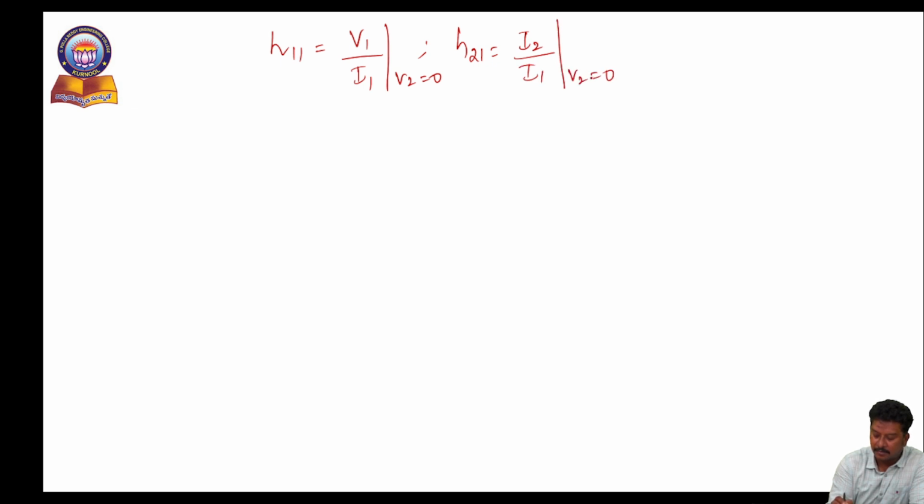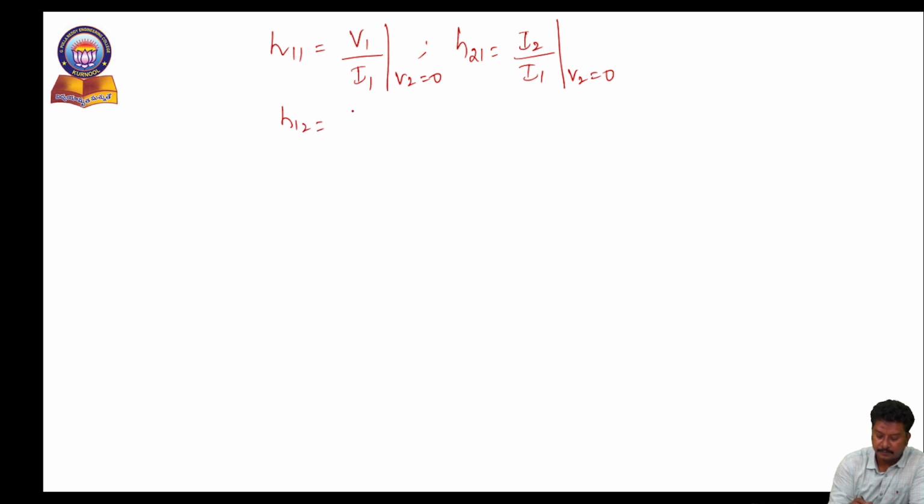So from this, by applying the open circuited and short circuited conditions, finally I am extracting the four parameters. H11 is equal to V1 by I1 by considering V2 is equal to 0. Similarly, H21 is I2 by I1 by considering V2 is equal to 0.